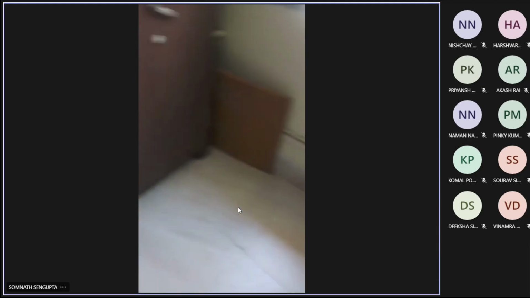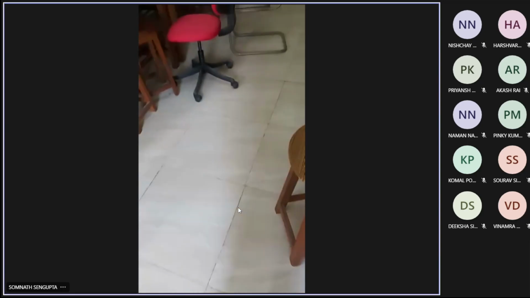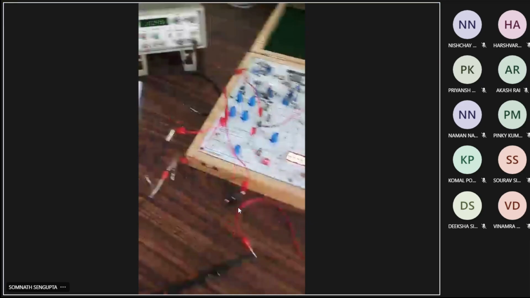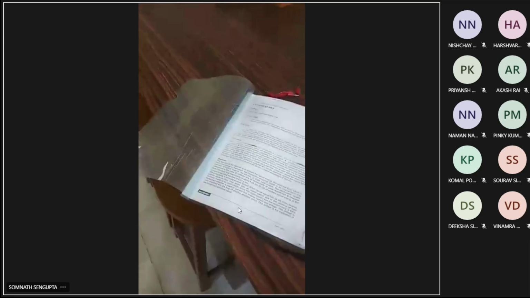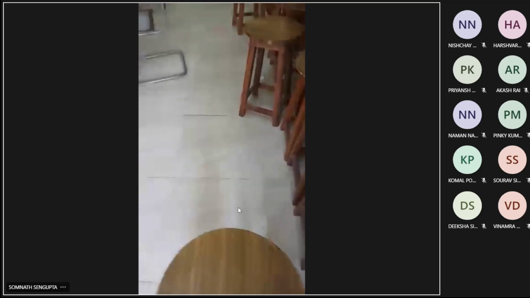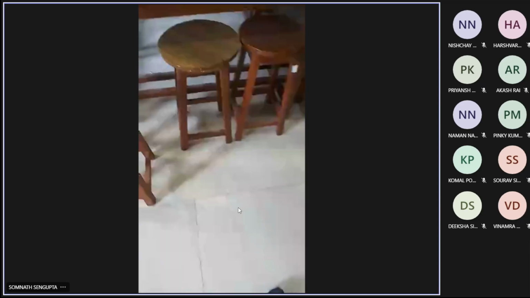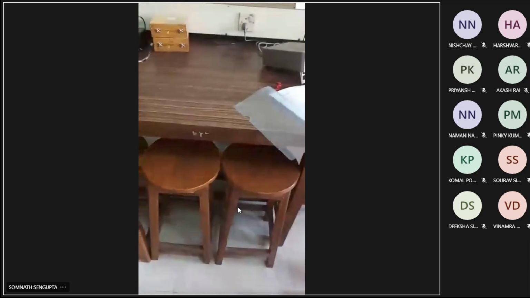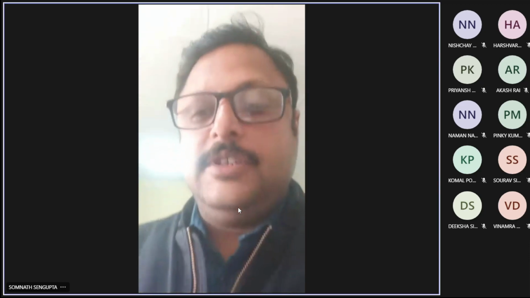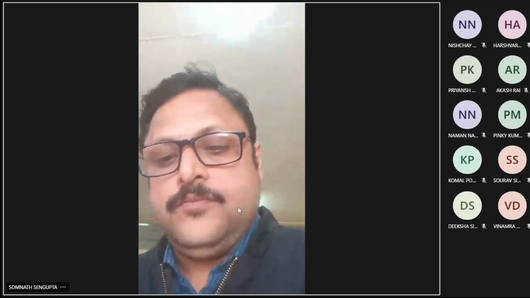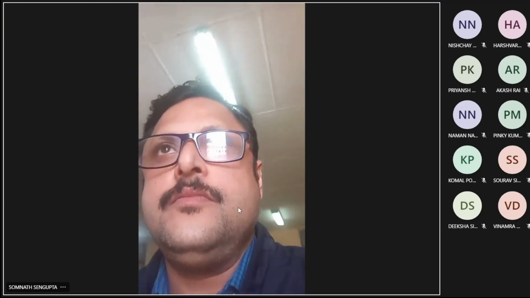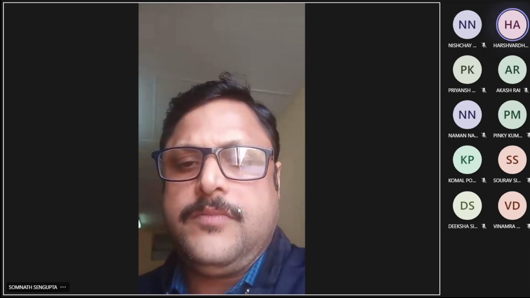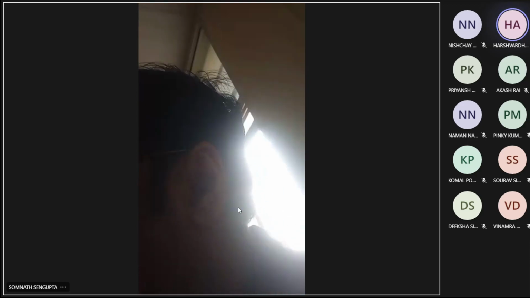Wavelength is different. What is the basic difference? What is the visible spectrum range? So it's 400 nanometers to 700 nanometers.